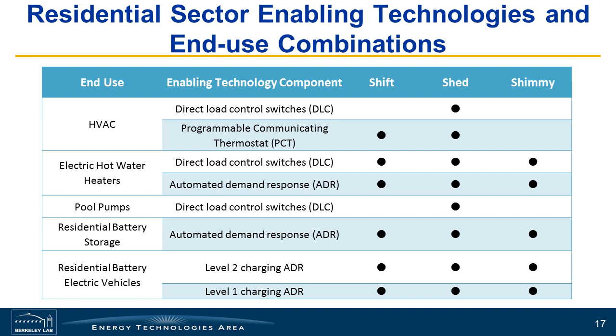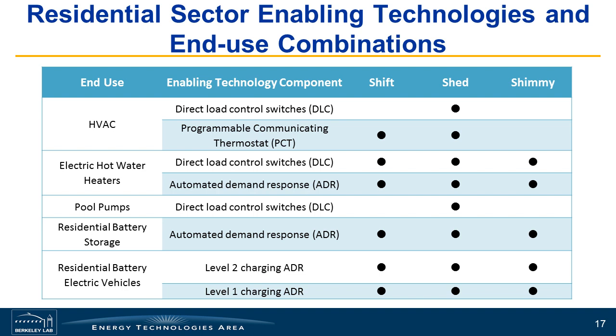And shift, if you recall, is the ability to increase load during a part of the day and then shed it at a different part of the same 24-hour period. So some of those technologies that can provide shed can also provide a shift type resource. The exception is the direct load control switch. It has no load building functionality, so you can't pre-cool or turn on an end use.